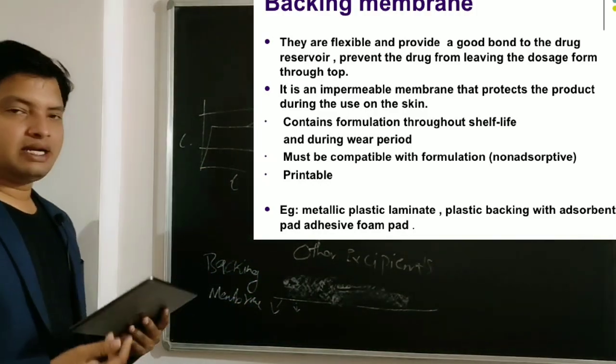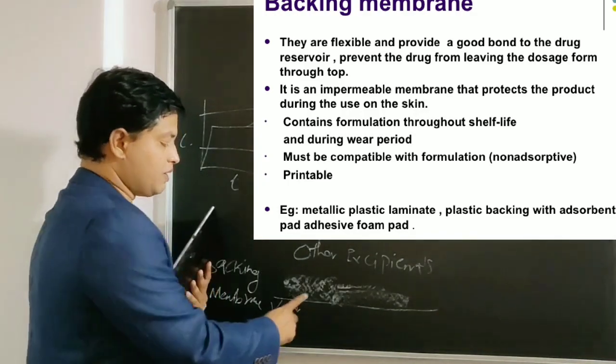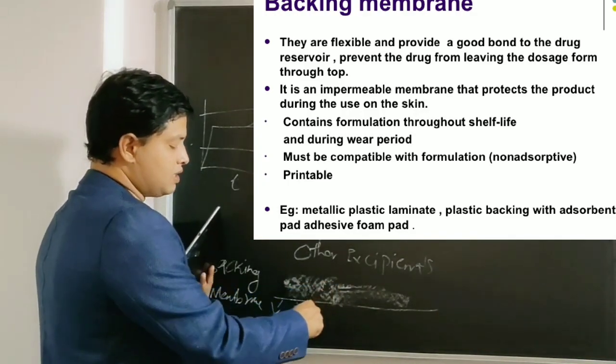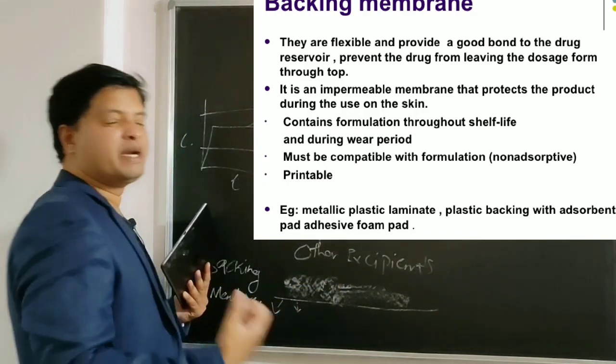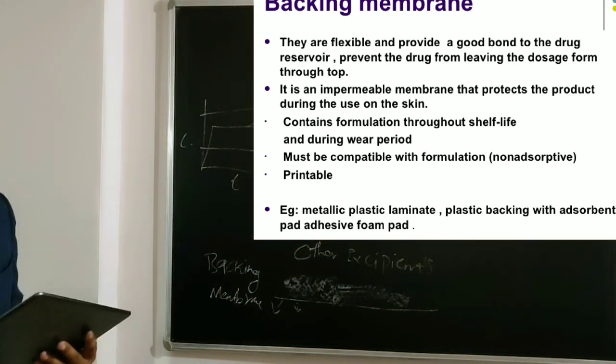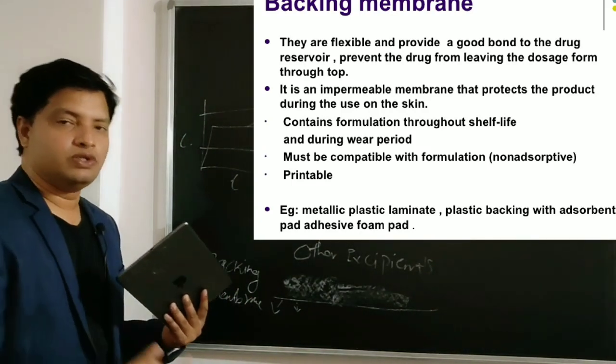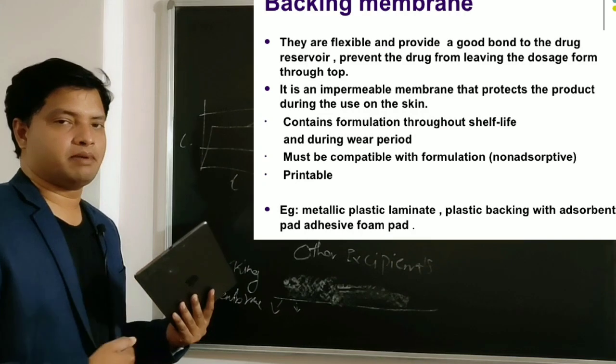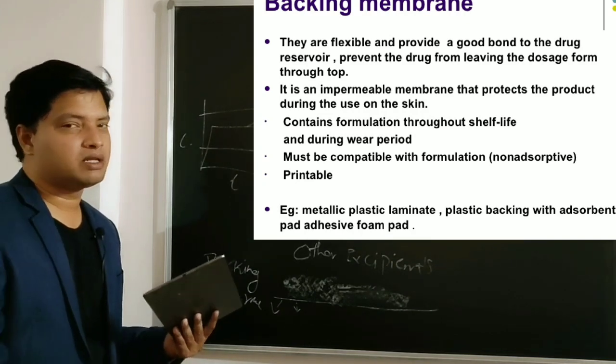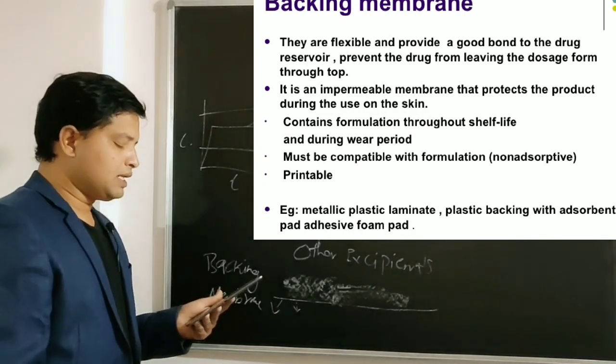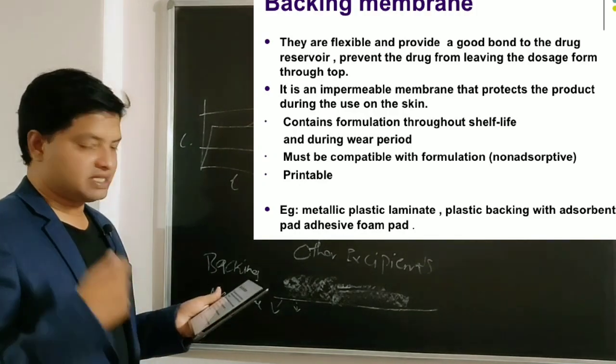Okay, and it should be compatible with all the formulation, and also it should be printable. We should use a backing membrane which can be printed on. If you can't print on the backing membrane, then it's gone. Examples are metallic plastic laminates.